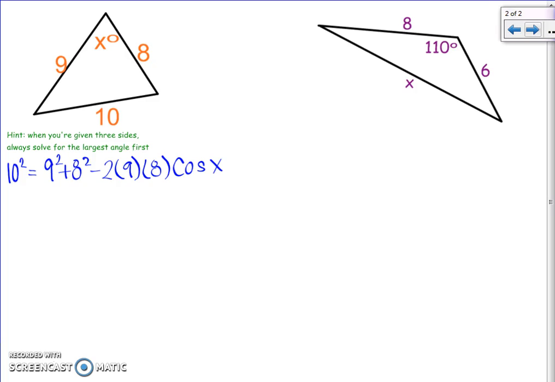Now, when we have our angle that's missing right here, what we want to do is individually figure out what these numbers right here are. So let's do that first. So we've got 100, we've got 81, 64, and what's this?